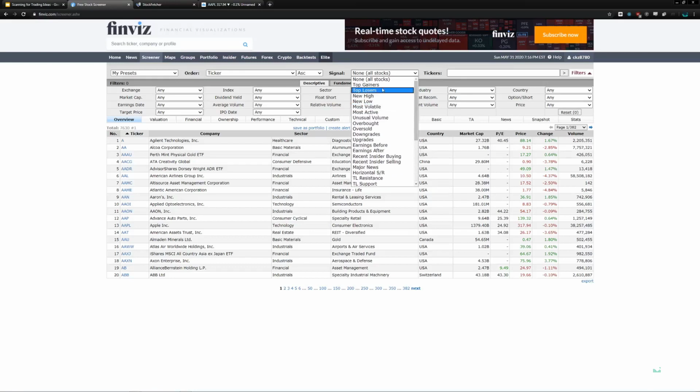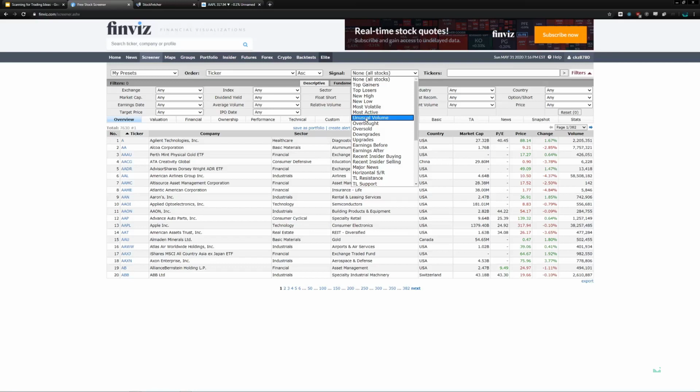But I tend to stick with the top gainers and losers primarily because those are the ones that are in play. Those are the ones that everybody's watching. And then unusual volume, I like that screen because sometimes it can give you an indication that there's a lot of people piling into a stock before it really moves.